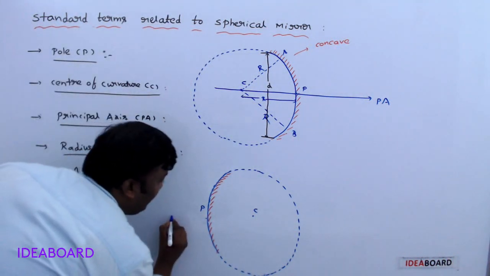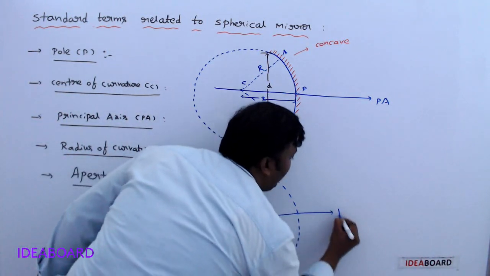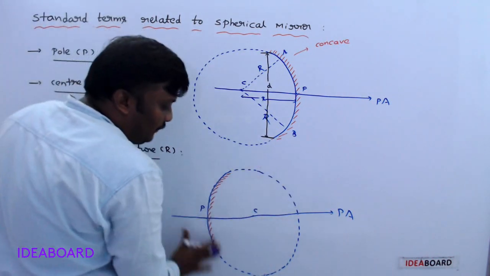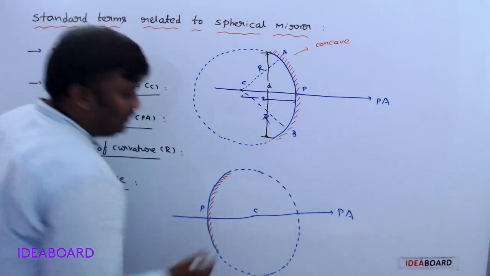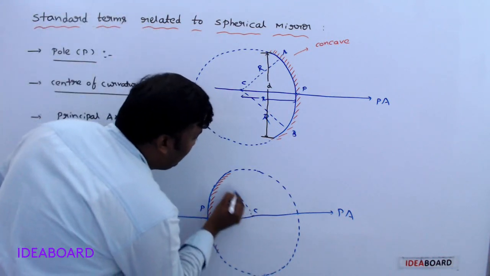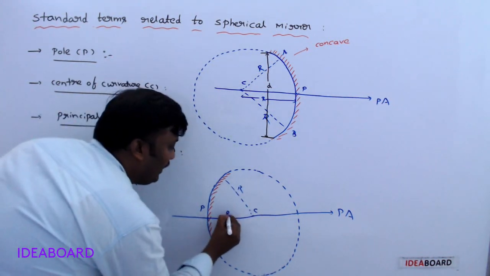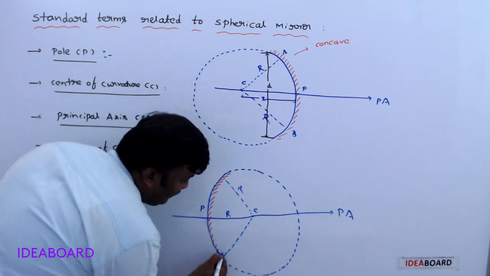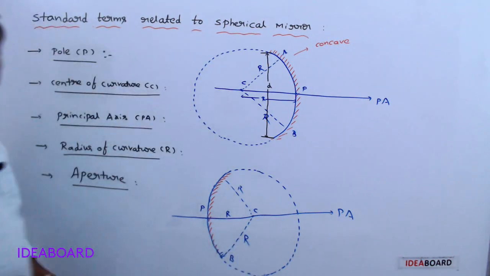Now, the third one, principal axis. The principal axis is the line passing through the pole and the center of curvature. Radius of curvature is the radius of the spherical shell of which the mirror is a part. So from C to P is the radius of curvature, or from C to B, it is also called the radius of curvature.